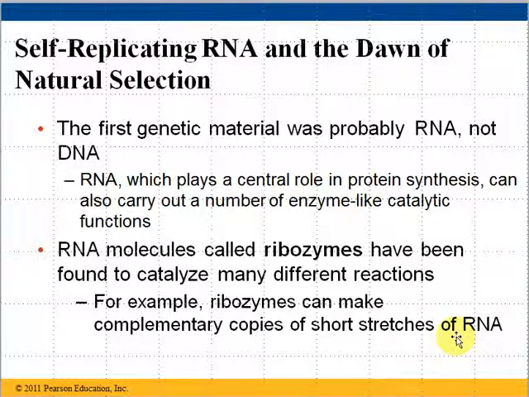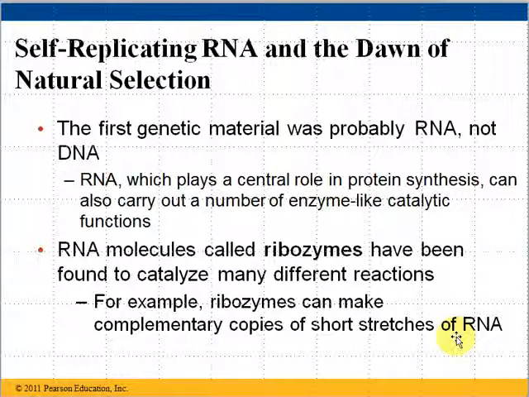And there are RNA molecules that we call ribozymes. Ribozymes have been found to help along, speed up, catalyze a lot of different reactions. So ribozymes can make complementary copies of short stretches of RNA. So RNA, it turns out, can be self-replicating in a way, and then it can also act as an enzyme. So it can kind of serve a dual role.